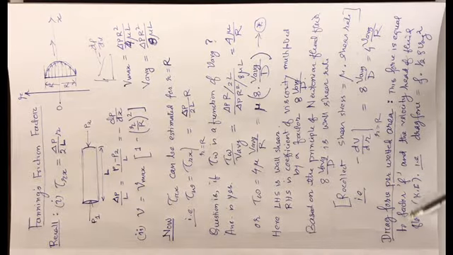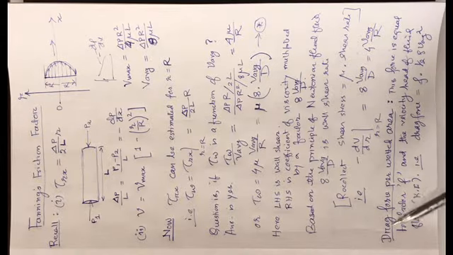So how is it defined? Drag force per unit wetted area is a product of two factors. One is F, and the other is the velocity head or the kinetic energy head.